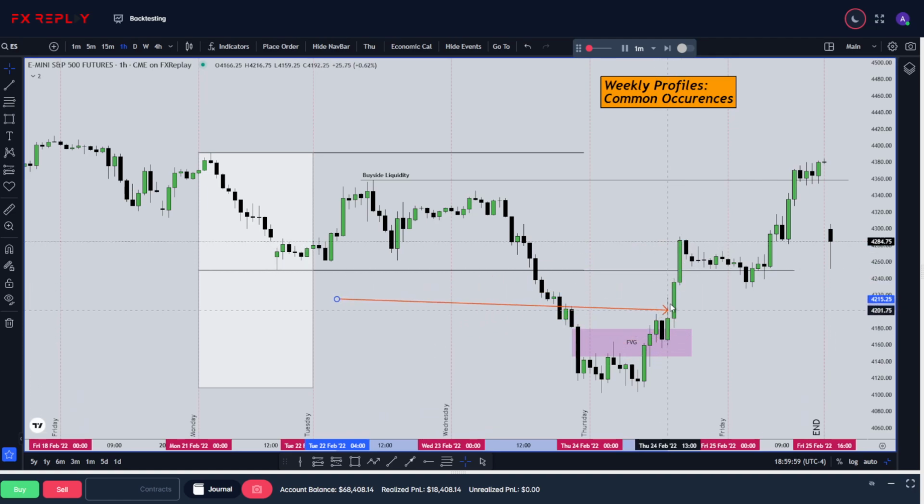That distribution clears Monday's low, revisits it, and then clears Tuesday's high.